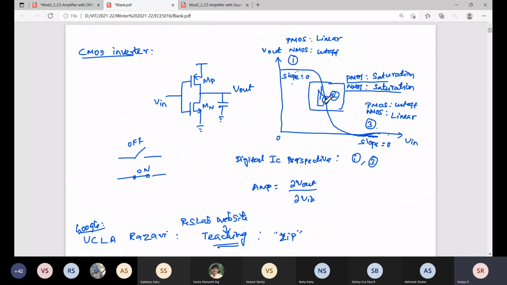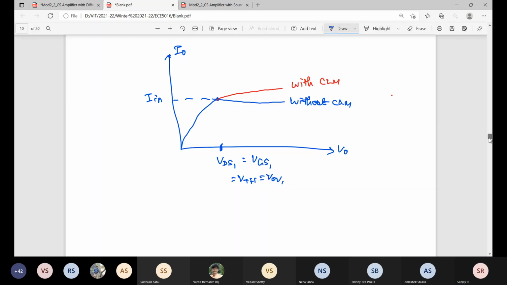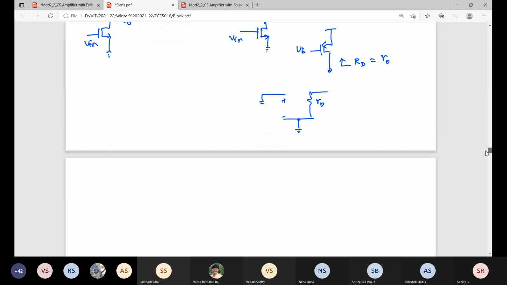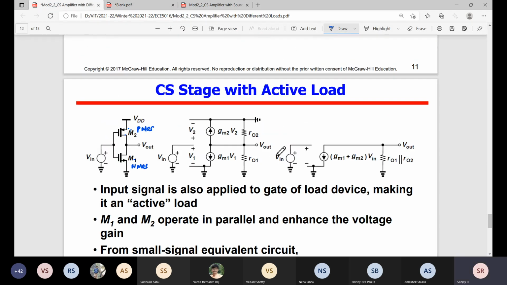And we are discussing this amplifier. Both NMOS and PMOS should be in saturation. In digital we studied here and here; in analog we are studying here. Right? Okay, so it's a very simple thing.